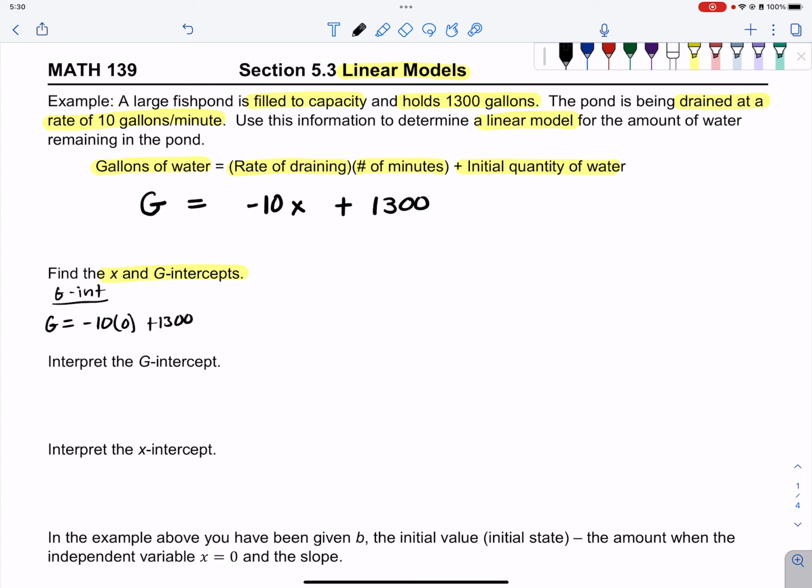So we have g equal to negative 10 times 0 plus 1,300. And that just gives us that g is equal to 1,300. A lot of times with our intercepts, we prefer to write them as ordered pairs. So this g-intercept has an ordered pair of 0, 1,300.